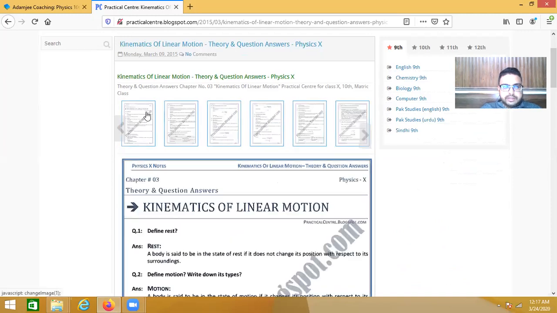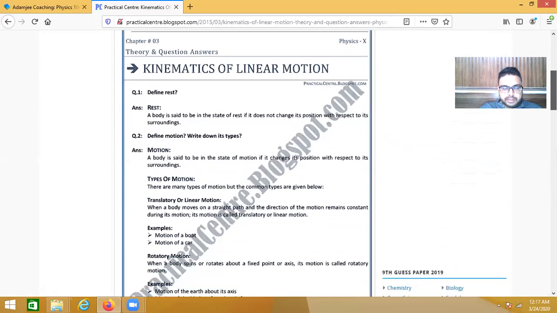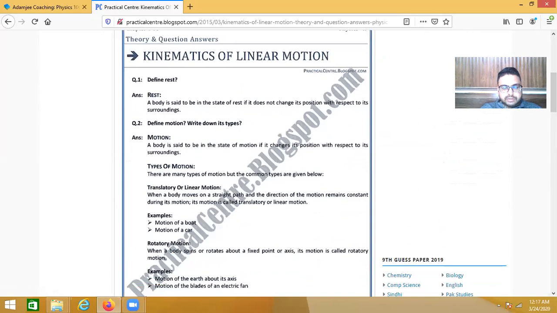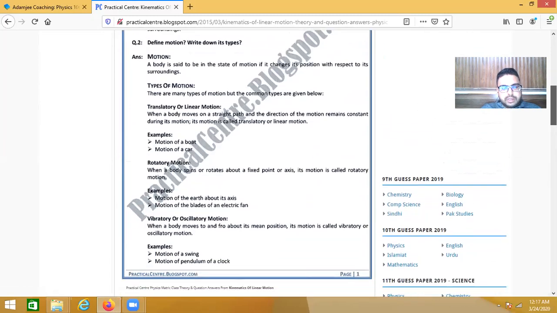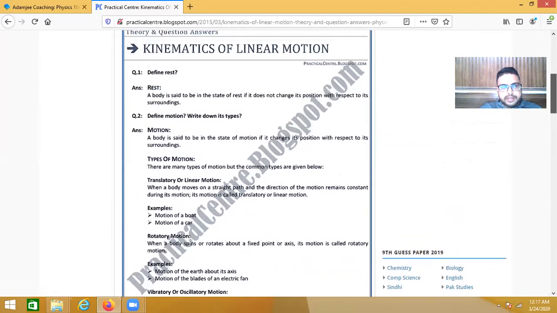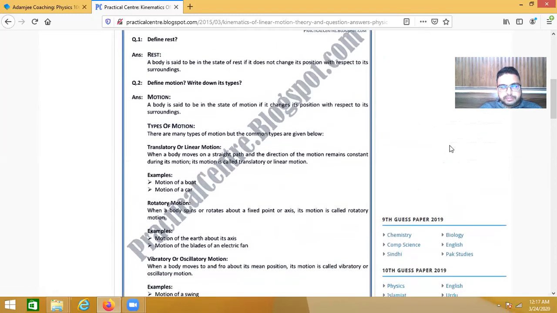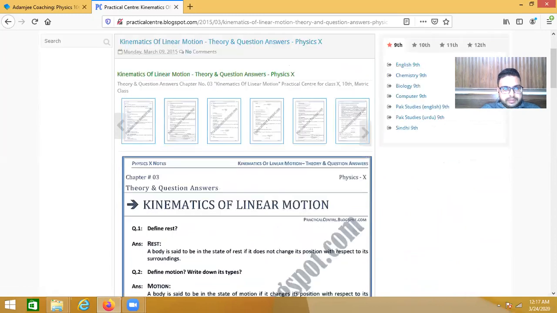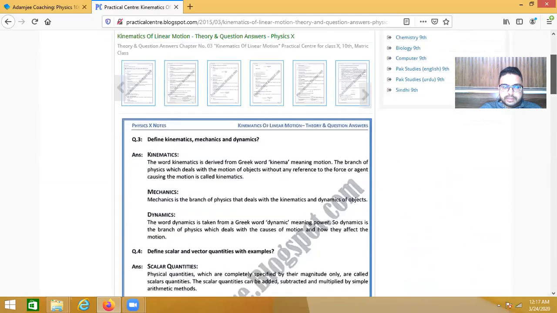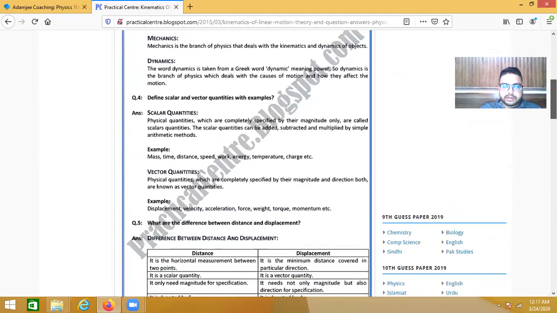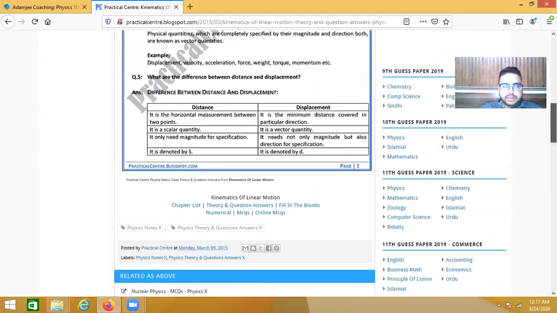In case you have any confusion, you can ask me directly in the class, and after the class as well. As you can see, the definition of kinematics we can find on the next page. Yes, kinematics, mechanics, dynamics definitions are given here in the notes, right?